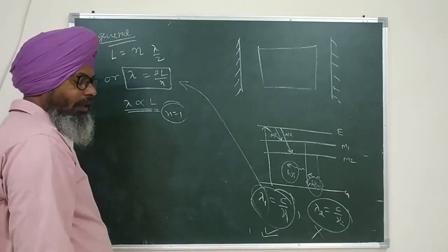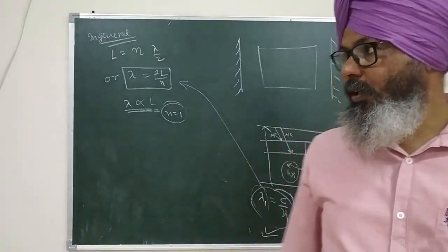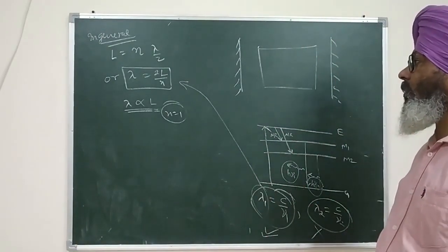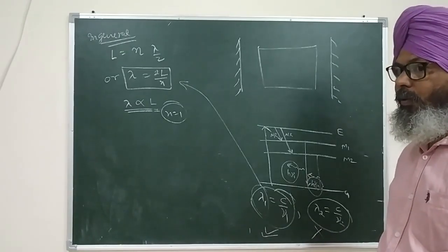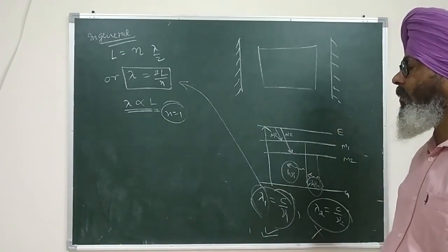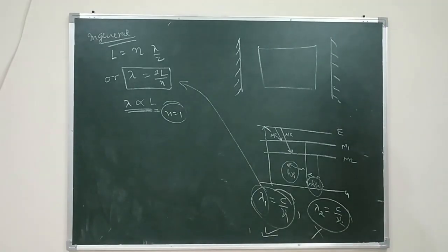Kindly remember, n equal to 1 is the fundamental mode, which is the most energetic mode, and which is the most easily obtainable mode within the stationary wave. You are unfamiliar with this, so I will not go beyond that. n equal to 1 is the fundamental mode of the stationary wave.